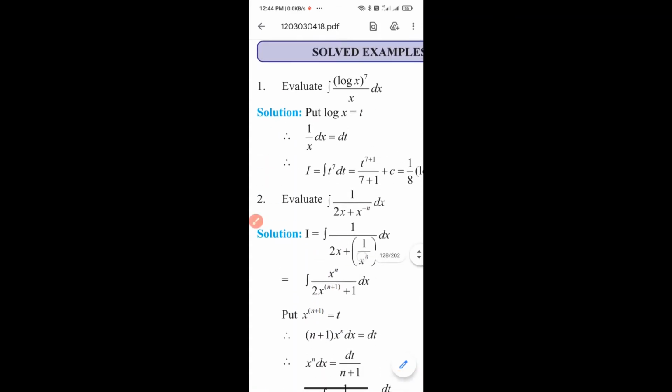The reason is, in all the corollaries you are going to see that f dash of x into dx is always in the numerator. So you have to find some derivative multiplied with dx in the numerator, and you have to separate the rest so that you can put t to this and you can put dt for this. So that is what your approach should be.